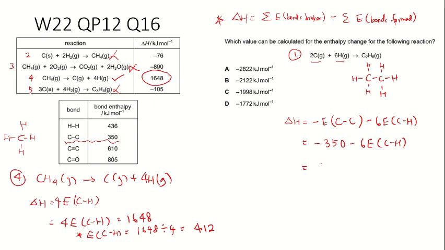So we substitute this value into the equation that we haven't completed just now. So 6 times 412. I have negative 350 minus 6 times 412. The answer is negative 2822, which is A.